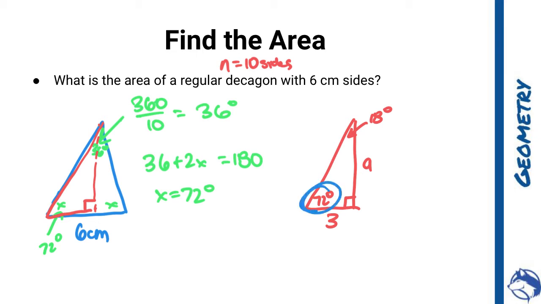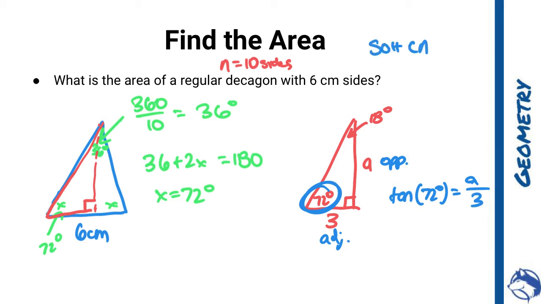Well, I like to use 72 degrees as my angle, and this is my opposite that I'm looking for, and my adjacent. So I can use the tangent of 72 degrees is equal to my opposite over adjacent. And remember, I'm getting this from using SOHCAHTOA, and we got this from chapter 9. And so opposite and adjacent, I must be using TOA.